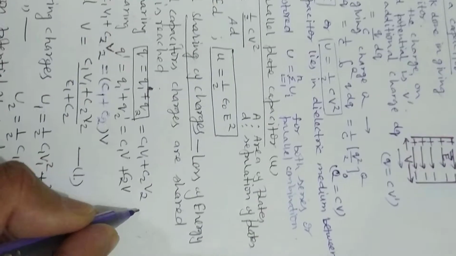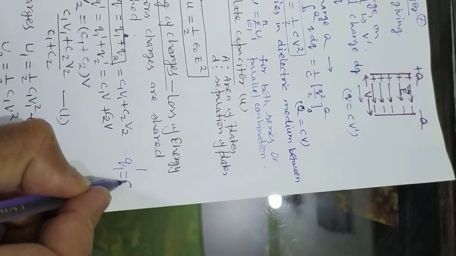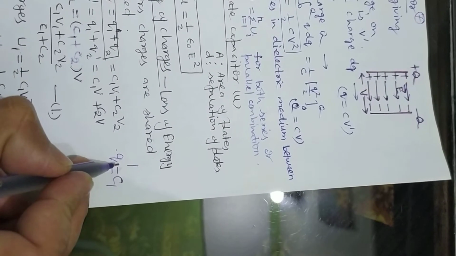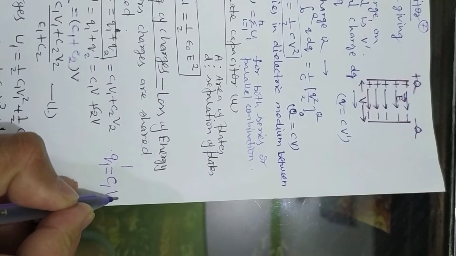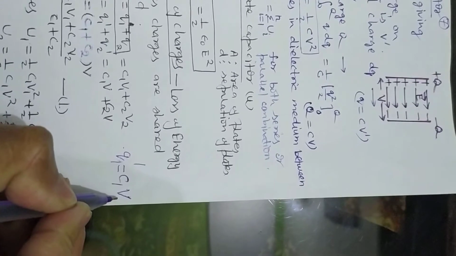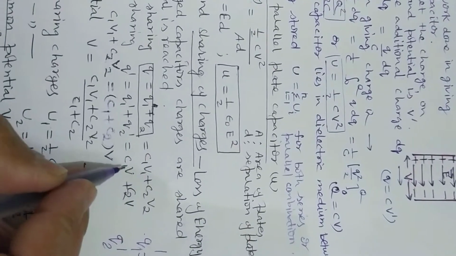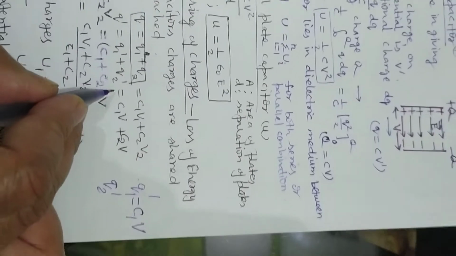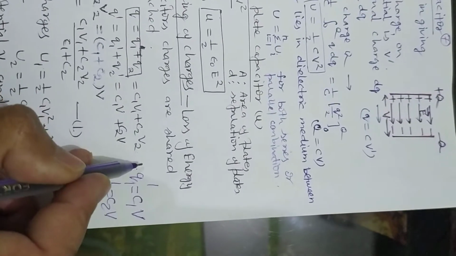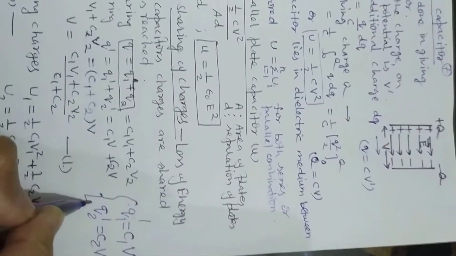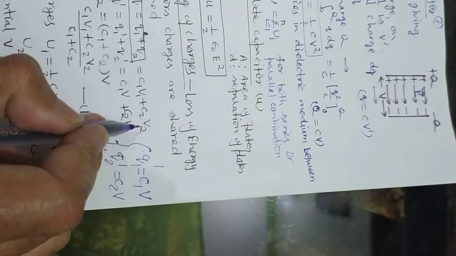Let us learn one more term. Q1 dash is equal to C1 into V, the charge after joining, and the potential becomes common now. And on the second one, the charge Q2 dash will be equal to C2 into V. So Q1 will be C1 V1, Q2 will be C2 V2 before joining the capacitors.